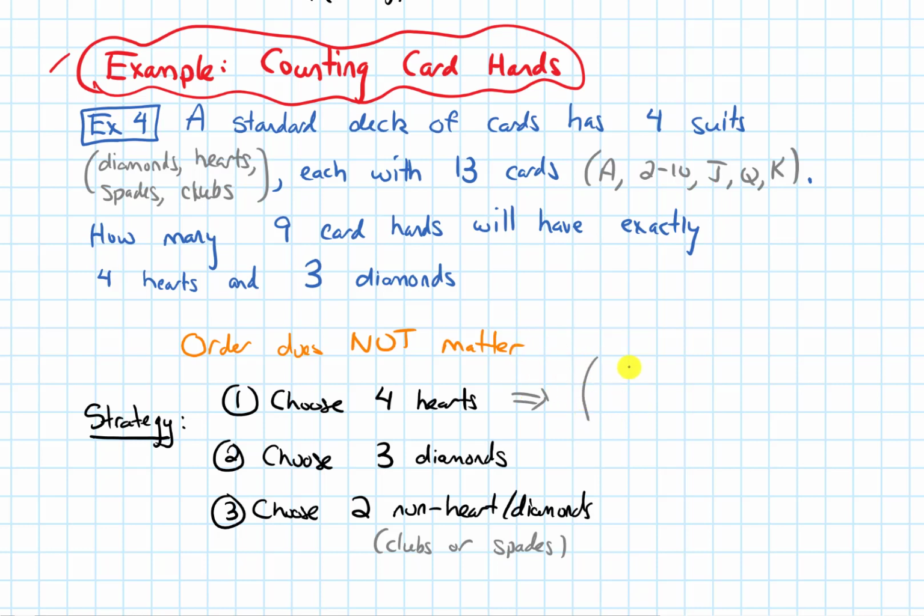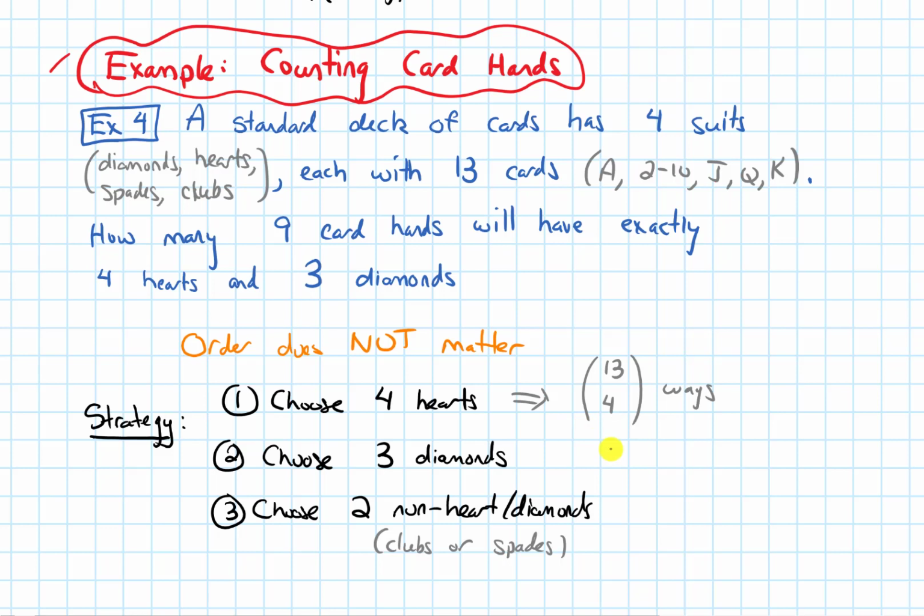So I'm going to use this narrow parentheses notation, and I'll put a 13 at the top, because that's how many total hearts there are. And we need to choose 4 of them. Okay, so the way I read this in words is this is 13 choose 4, and it's notation for combinations. So 13 choose 4 ways. So a little bit later, we'll remind ourselves, well, how do we figure out what 13 choose 4 is? But for right now, let me just keep it at that.